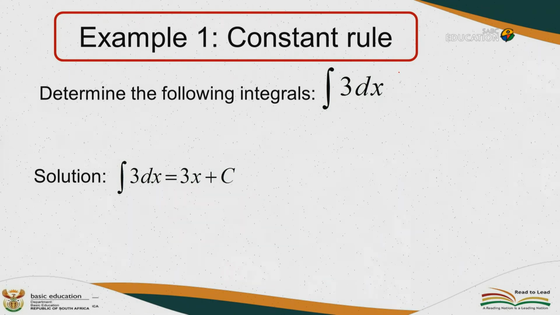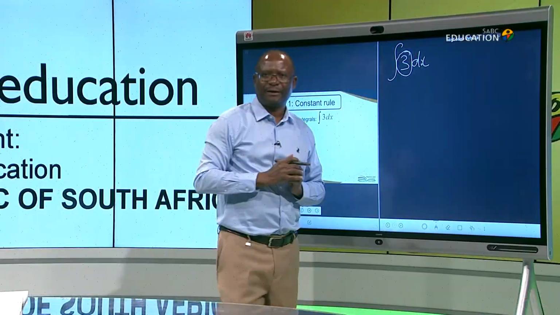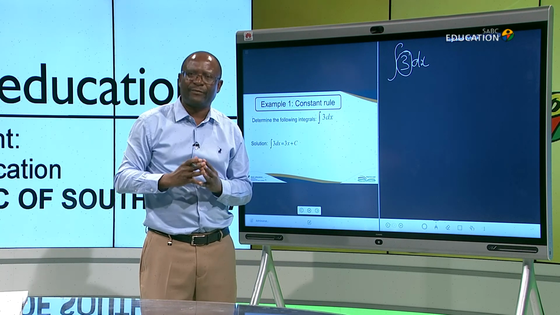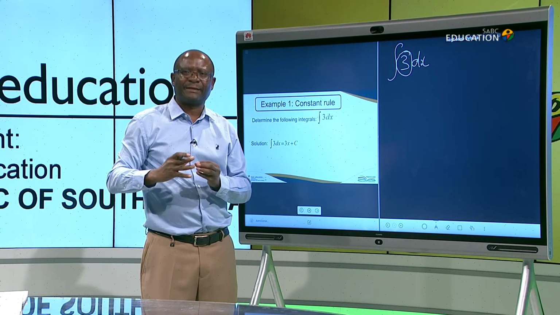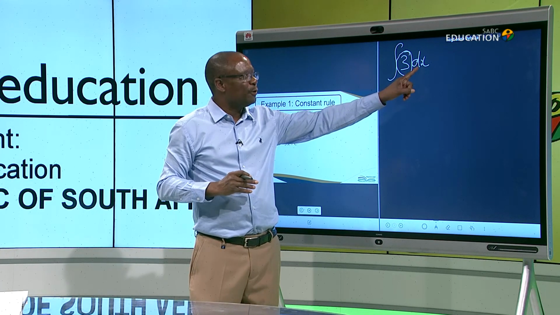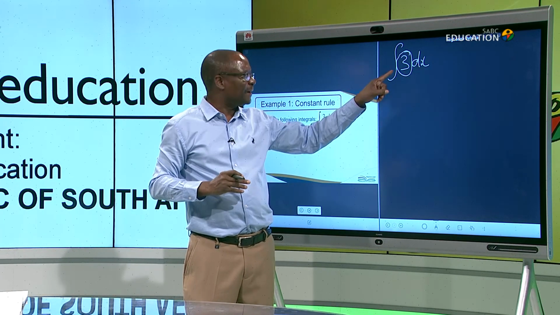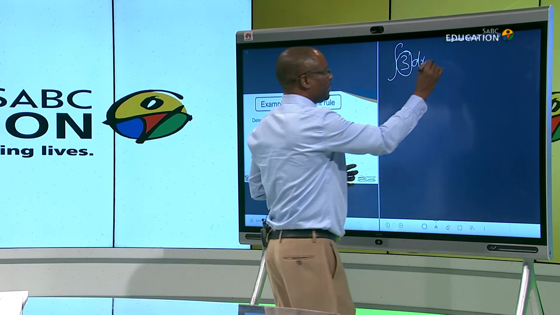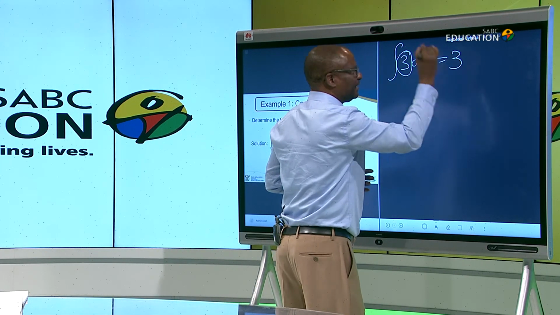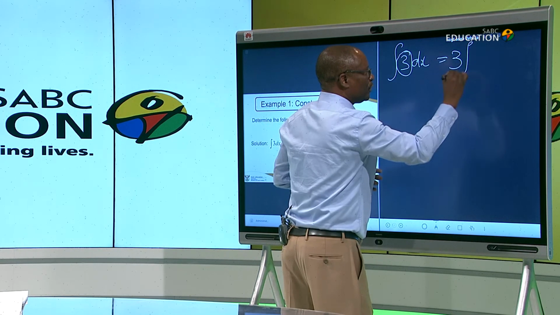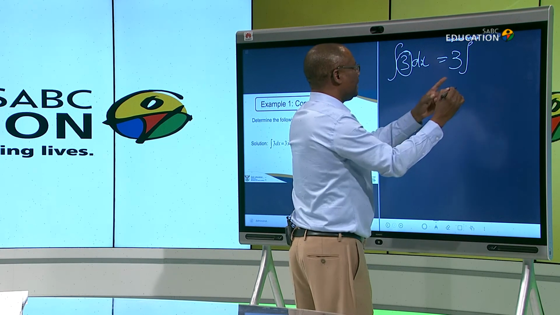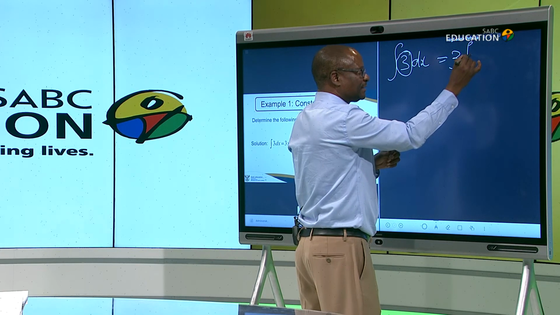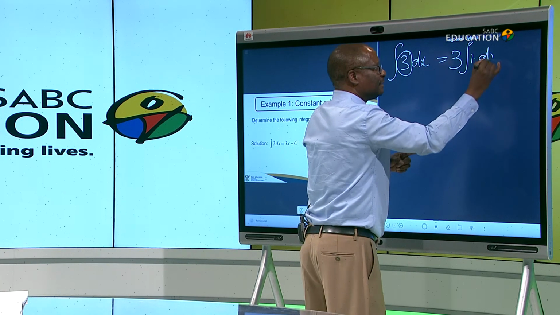And our integrand is 3. But our 3 does not have x. But because here we're integrating in terms of x, that 3 is a constant. Therefore we can say, let's take that 3 out, which will be the integral of, if we remove, then also here there is 1 dx.